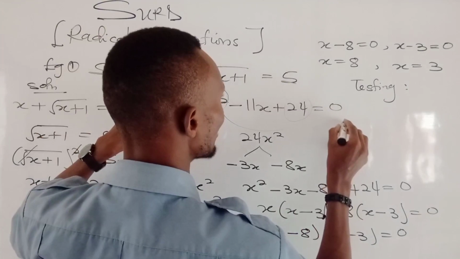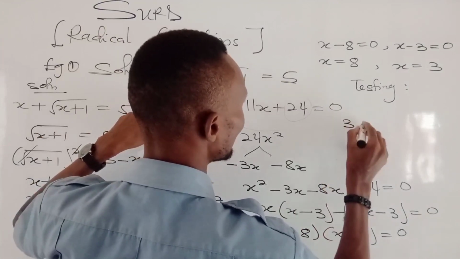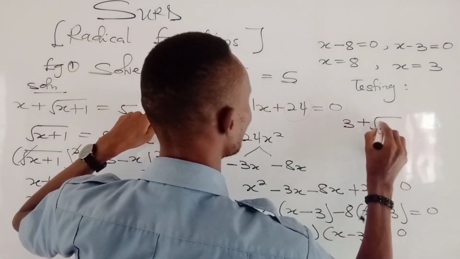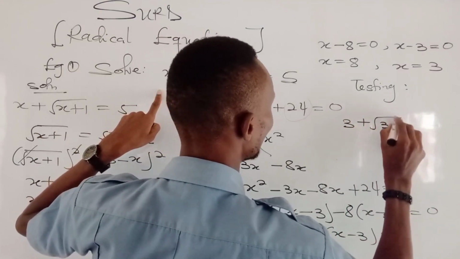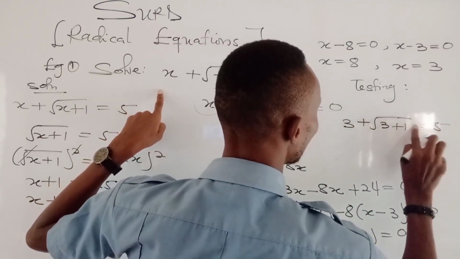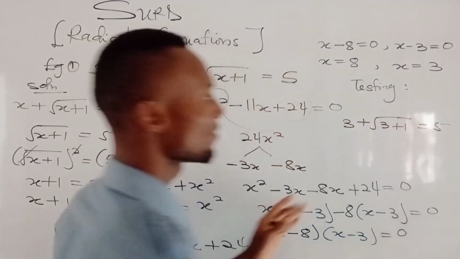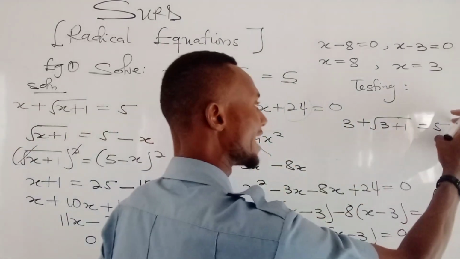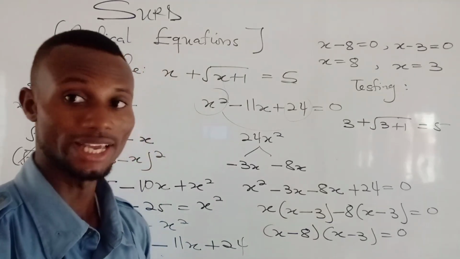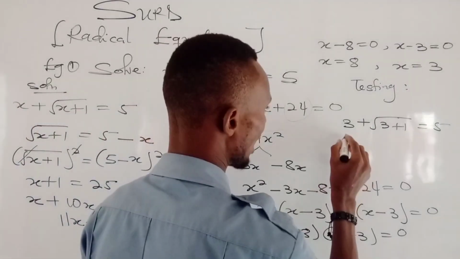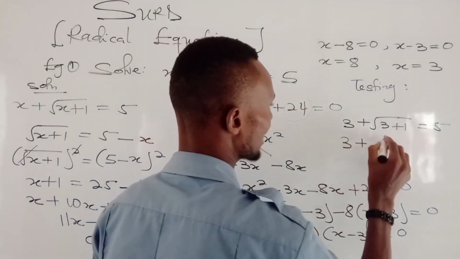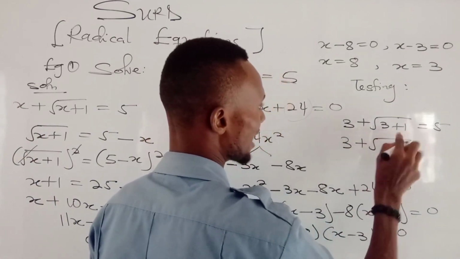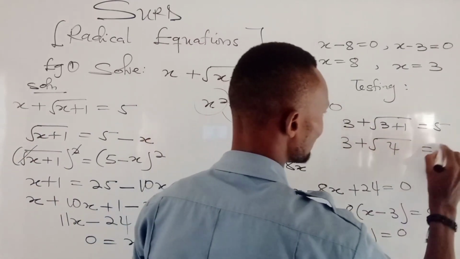So I'm going to have 3 plus square root of 3 plus 1, which should give us 5. When we simplify the left hand side, it should give us the same value as the right hand side. So I'll repeat my 3 here, plus square root of 3 plus 1 is 4.